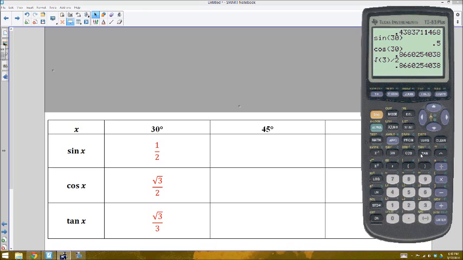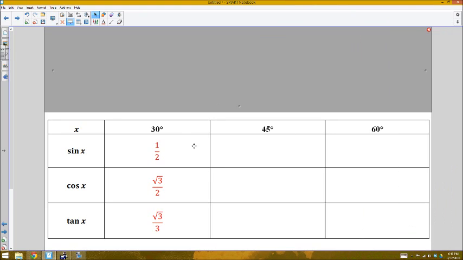The same would be true if I check tangent of 30 degrees against the square root of 3/3. Notice that those are both also the same decimal value. So then my question is, how do we know that this decimal value is actually this? And are they even related to each other? Well, the answer is yes. And it actually comes from a really subtle way of figuring out what these exact ratios are.